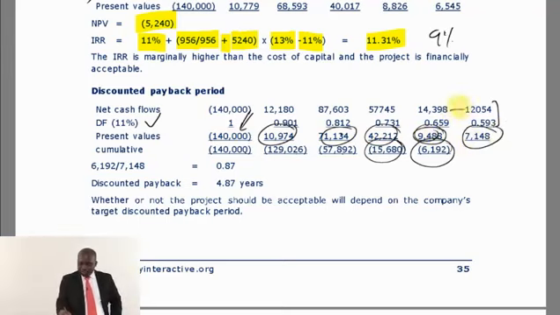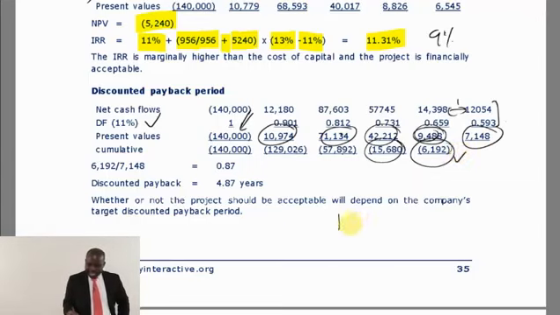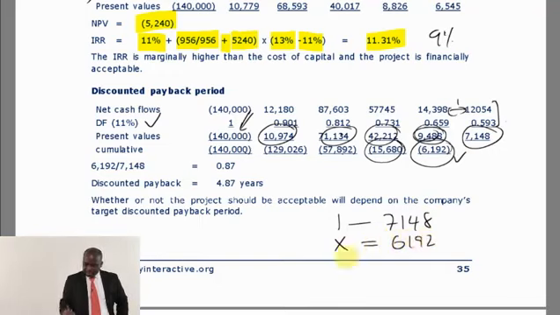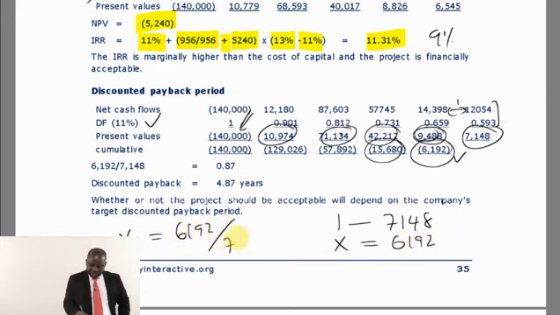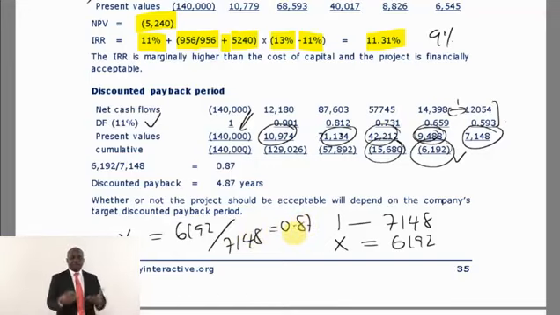But the whole of this period, year 1 there, I made this. When within the year did I make that? You do that primary school proportion. So if that year I made 7148, when, which is the x, will I make 6192? My x, so straightforward, will be 6192 divided by 7148. And that is what is giving the 0.87. So it will take 4 years or 4.87 years to recover the investment.